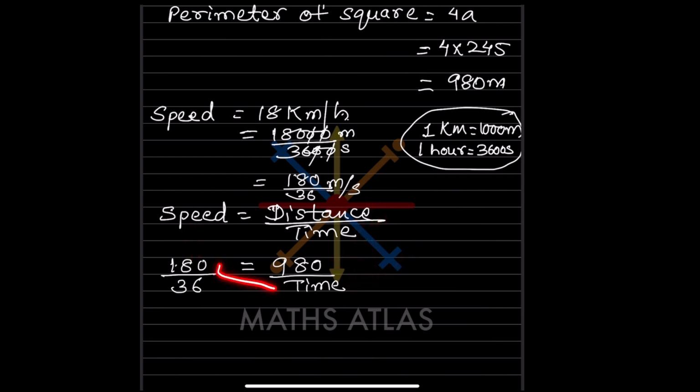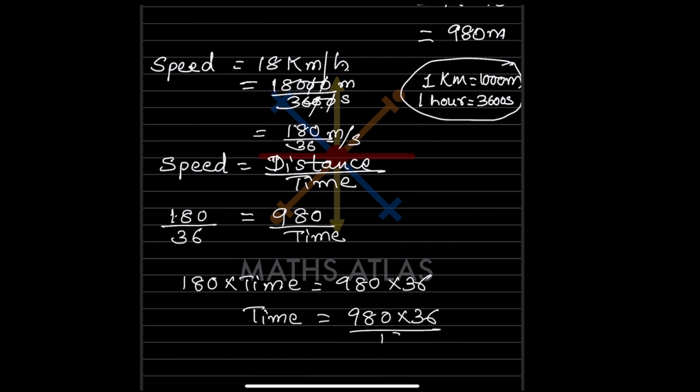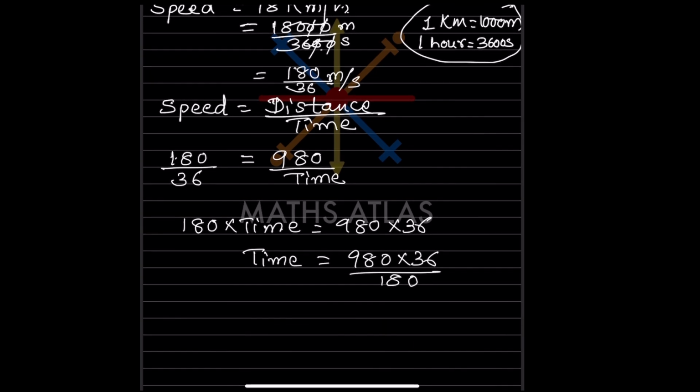So now you are going to cross multiply. When you cross multiply, you will have here 180 into time, that is 980 into 36. So time is going to be 980 into 36 divided by 180. So now what are you going to do?